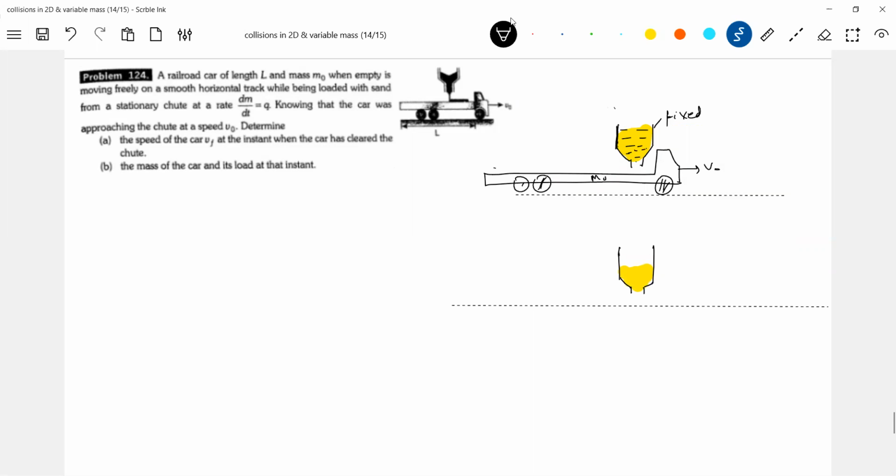Now where will the truck be? So the truck, let it be somewhere in this position.